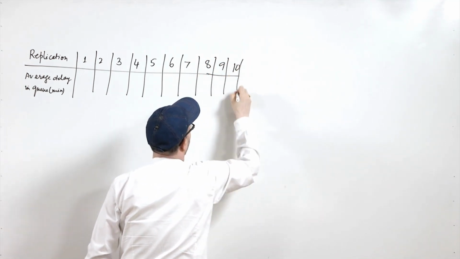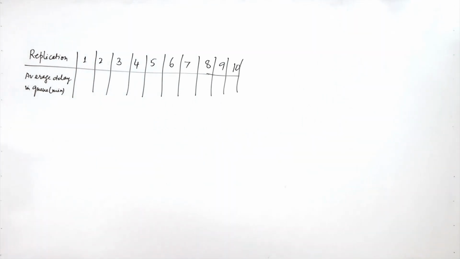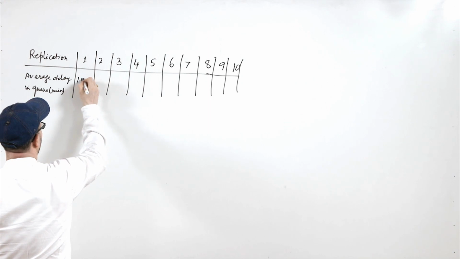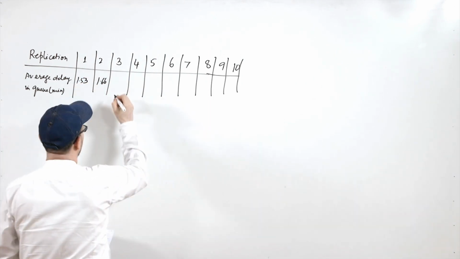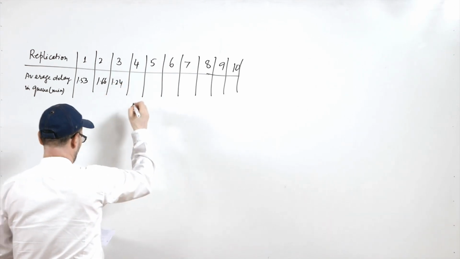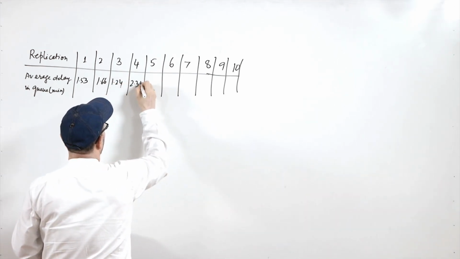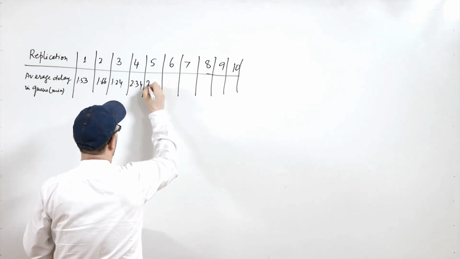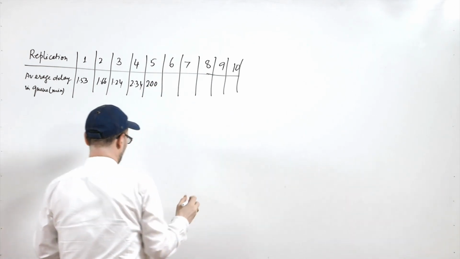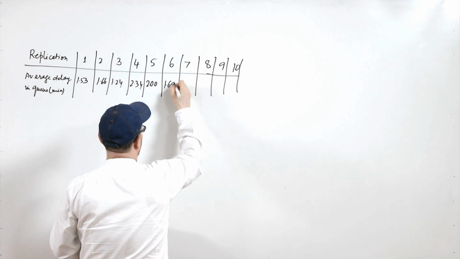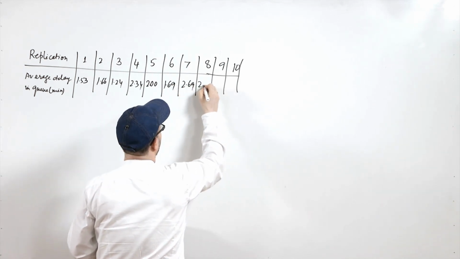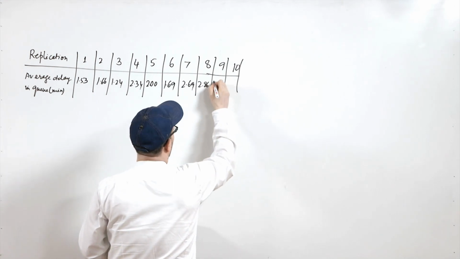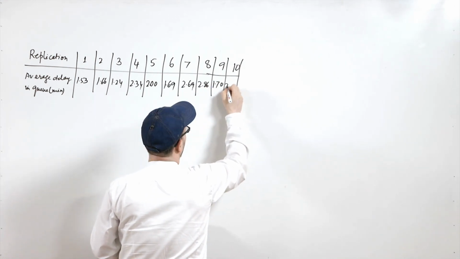On the 10 readings you have got the average delay values as 1.53, 1.66, 1.24, 2.34, 2.00, 1.69, 2.69, 2.86, 1.70 and 2.60.